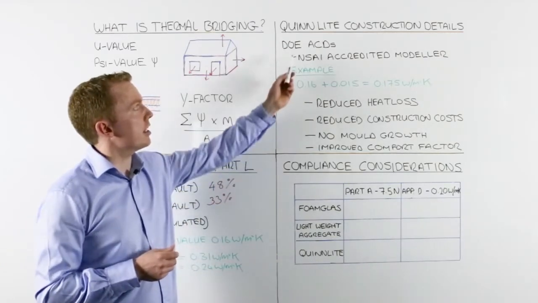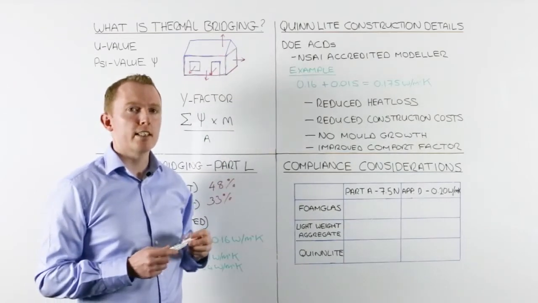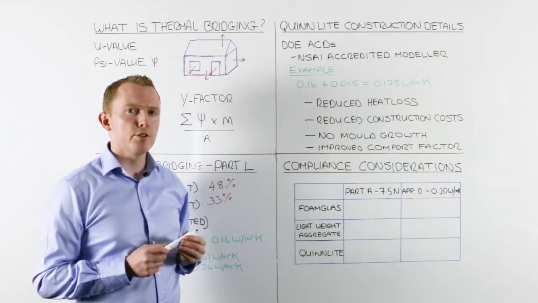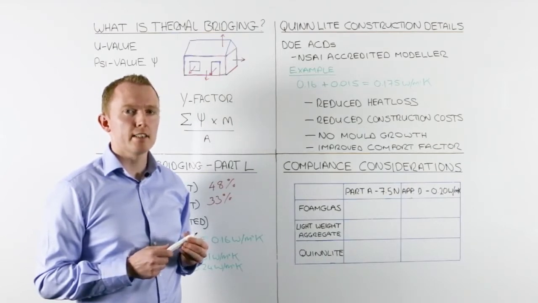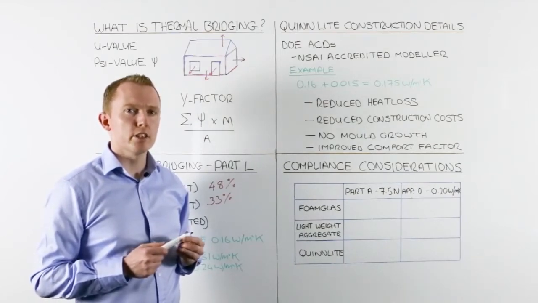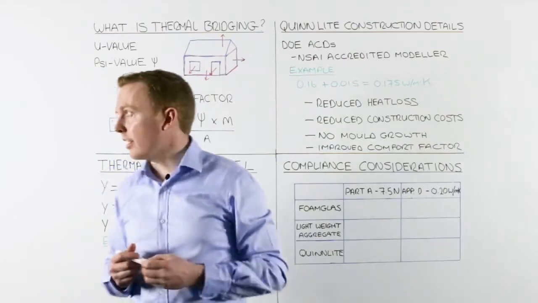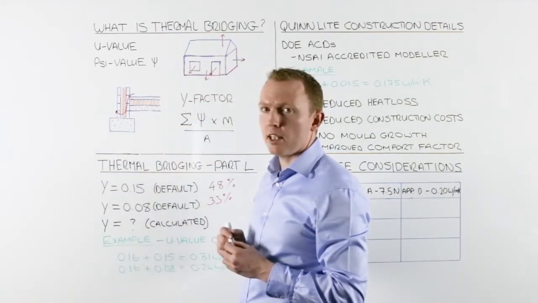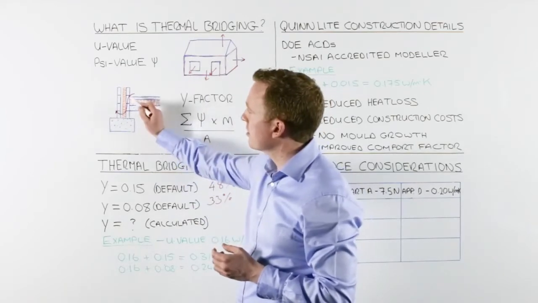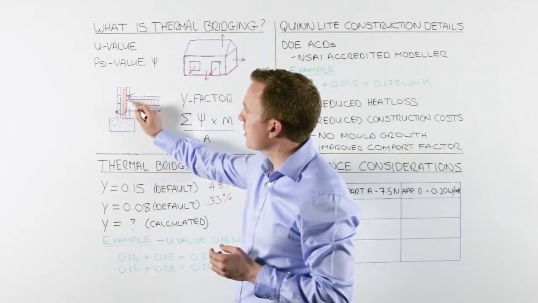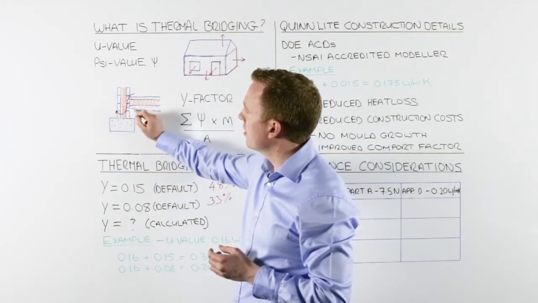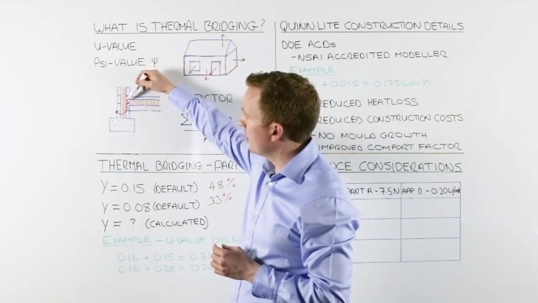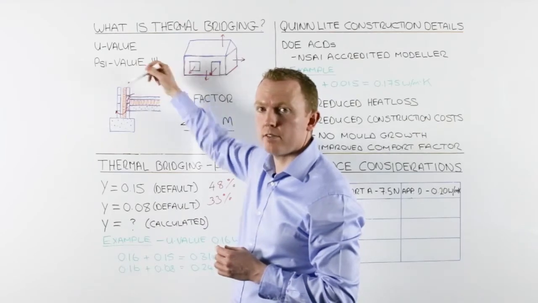What we have done is taken the DOE acceptable construction details and where possible introduced Quinlite blocks into those details to improve the performance of the junction. So if we look here, this junction we looked at earlier, what we've done is introduced 2 Quinlite blocks at the key location to provide continuity of insulation across the junction.